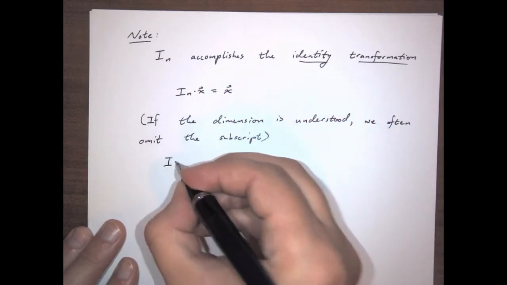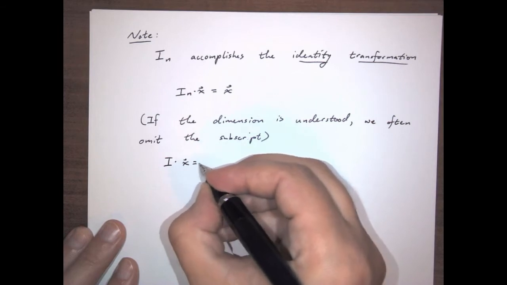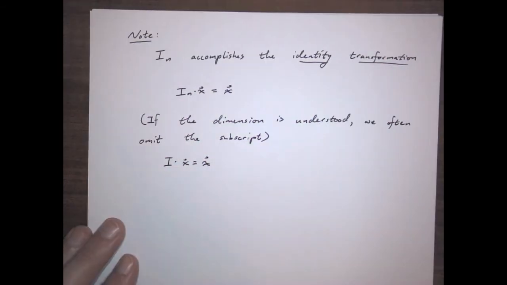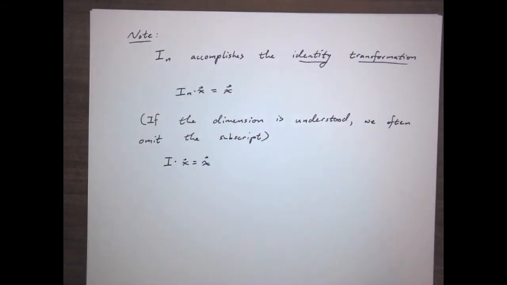So what that means is I times x equals x. And there's a reason why we use a symbol for the identity matrix that's so suggestive of the number 1, because this is the basic matrix equivalent of just multiplying by 1. 1 is what's called the multiplicative identity, because when you multiply by it, it leaves the result identical to how it started. And similarly here, the identity matrix does the same thing.